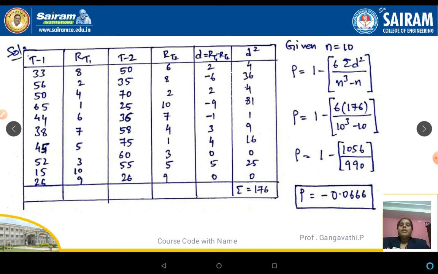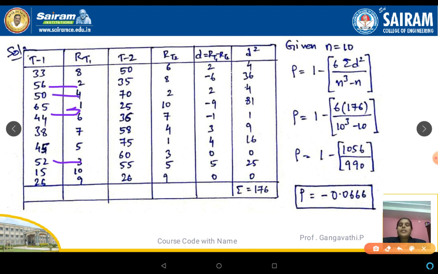So form the table, enter the marks obtained by the 10 students in test 1, and the rank allotment. The highest marks take rank 1. So 65 takes the first rank, then 56 takes the second rank, the third rank goes to 52, and the fourth rank will be for 50.